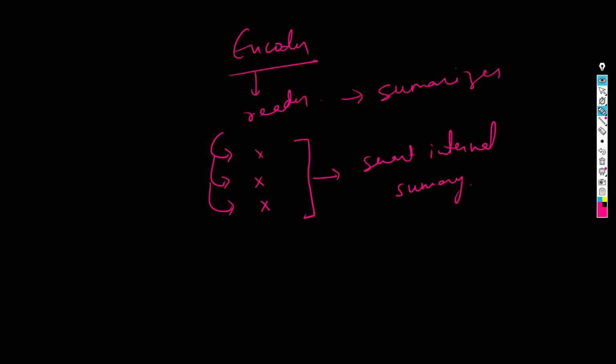So let's break down this encoder into smaller steps and see how the encoder actually processes the sentences. The encoder basically works in a five-step process.